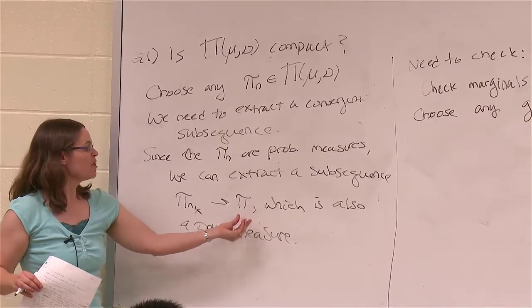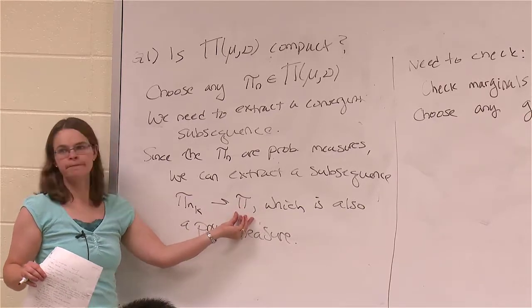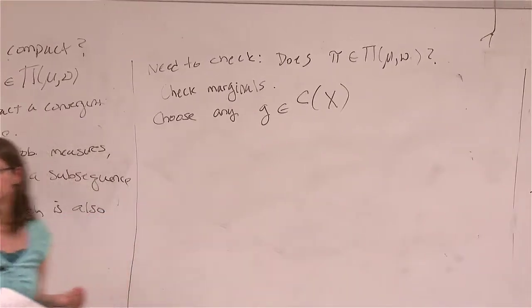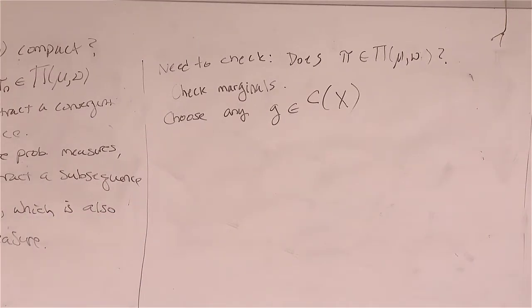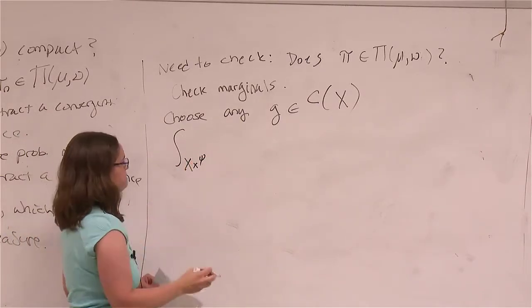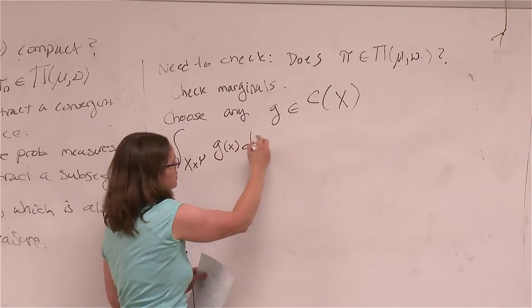So we hope that if we integrate this against g, we recover the result of integrating mu against g. So let's integrate. We integrate over X cross Y of g(x) d pi.